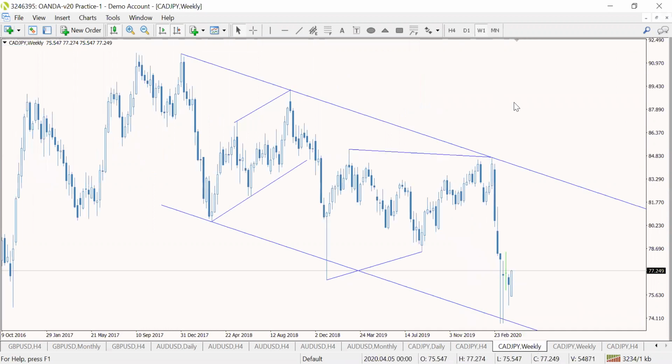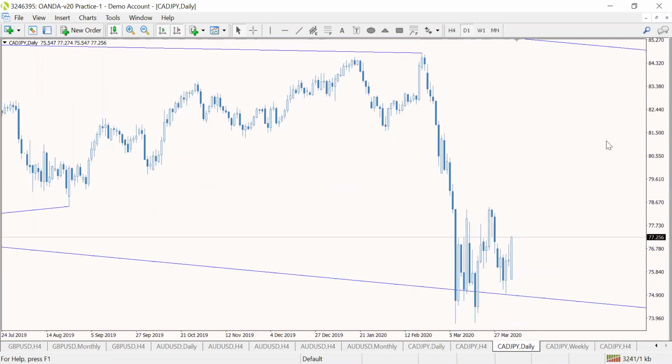But as you see that on wave analysis, we got this move down. Now this is a correction. This right here is a correction.